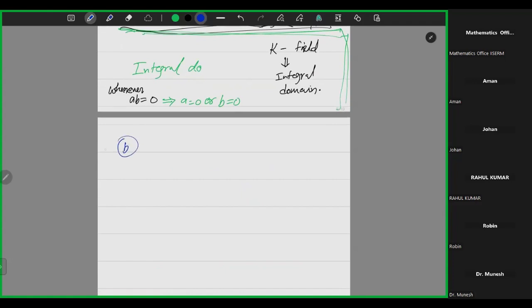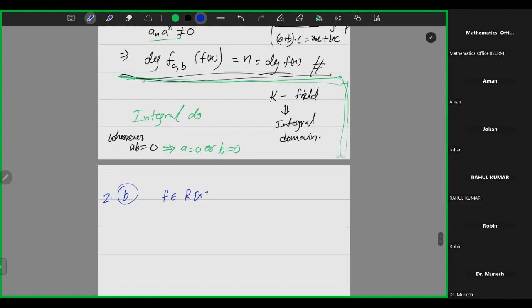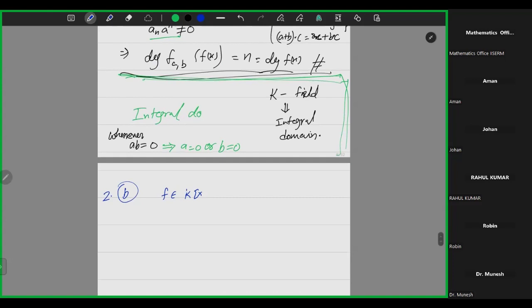Part B. f belonging to K[x], where K is a field, let f be irreducible in K[x]. We want to show f_ab(f) is irreducible.